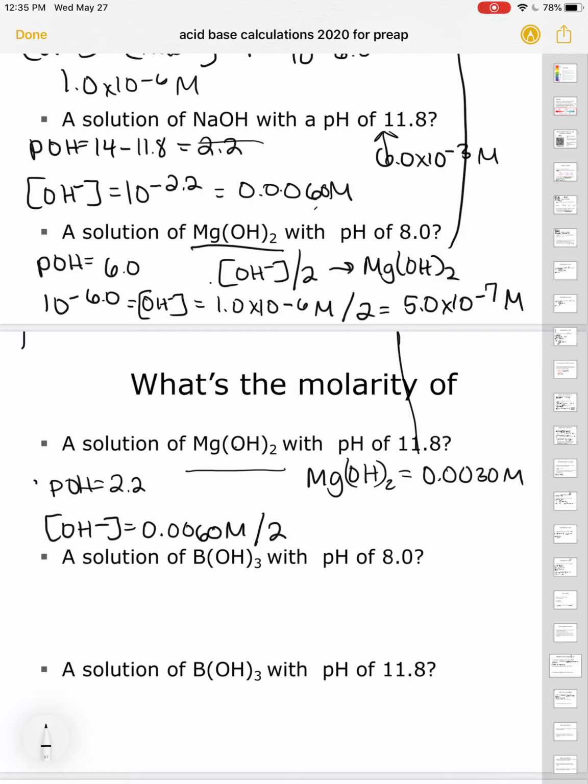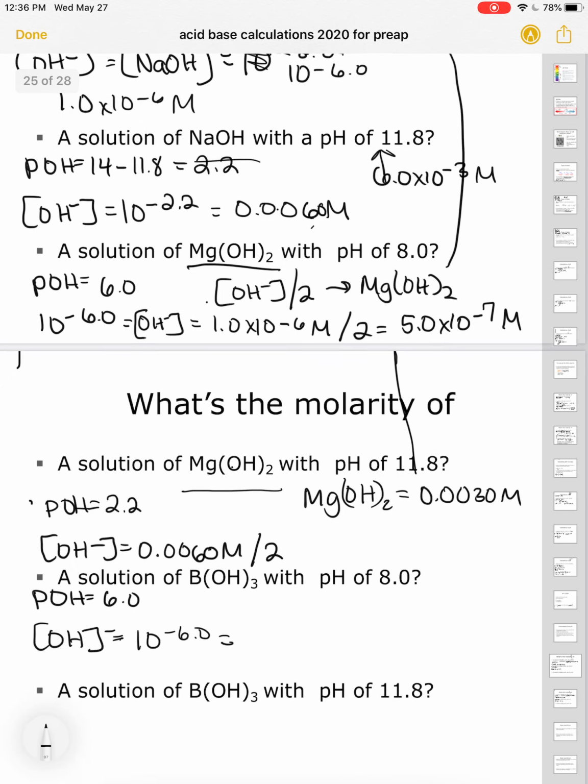If we've got a pH of 8.0, that means my pOH is 6.0. My OH minus is equal to 10 raised to the negative 6.0, which is 1.0 times 10 to the negative 6 molar.